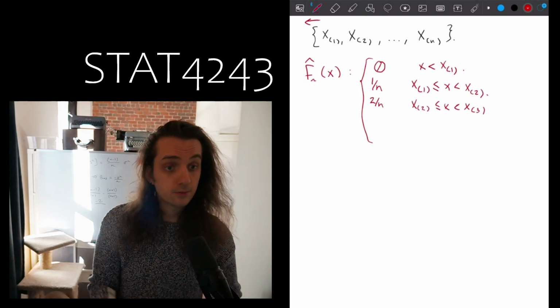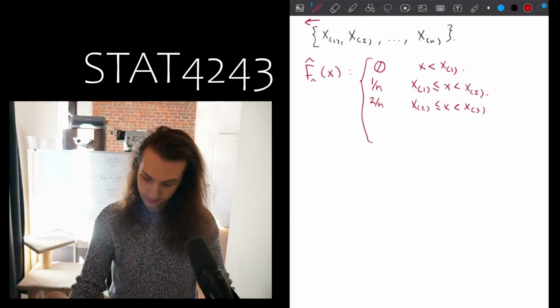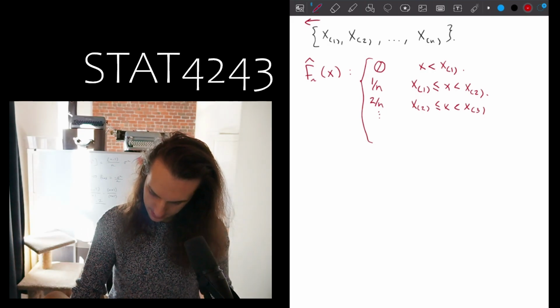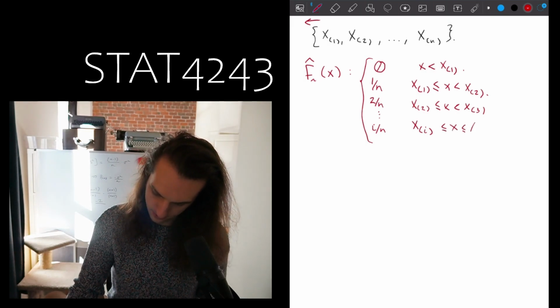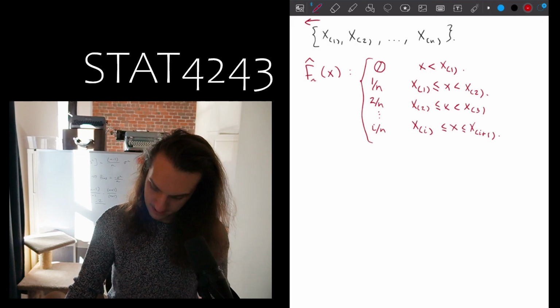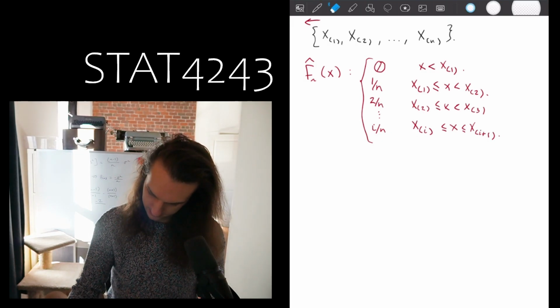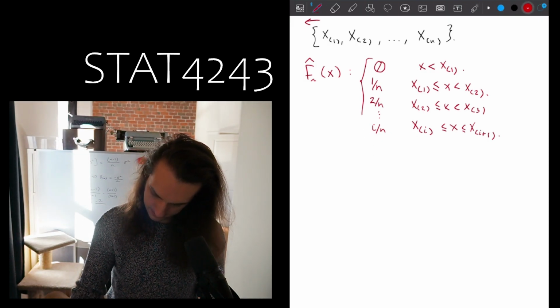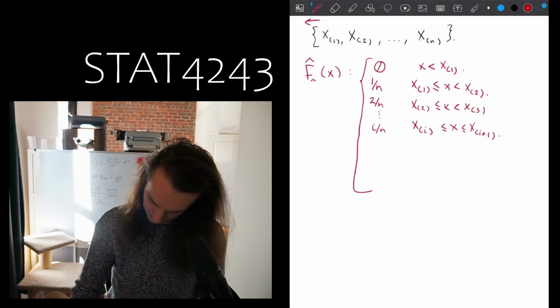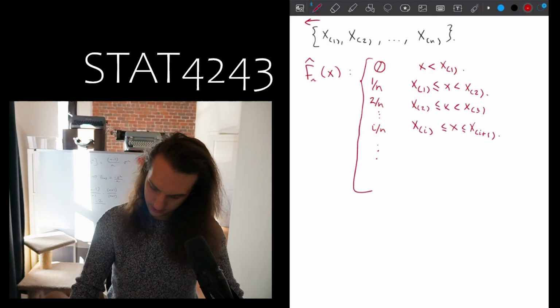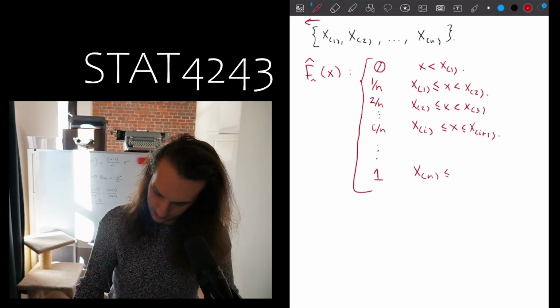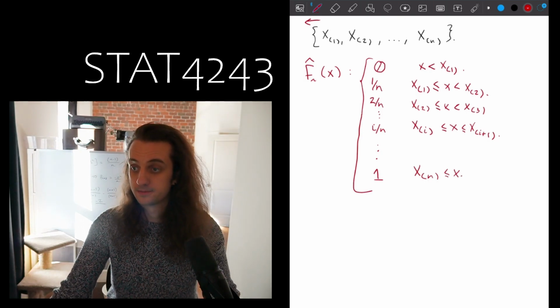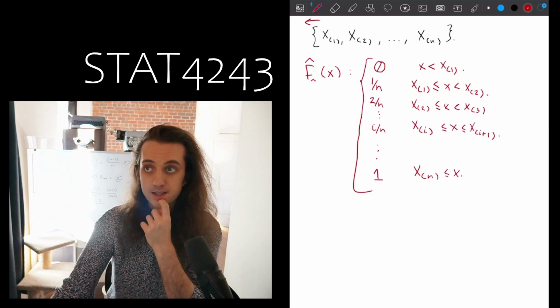And you can continue this pattern, where we're ultimately going to have i out of n if you're falling between xi and xi plus 1, until ultimately you get to a value of 1 if you are greater than or equal to the maximum value xn.